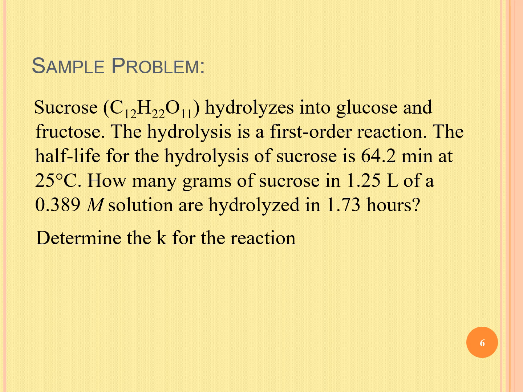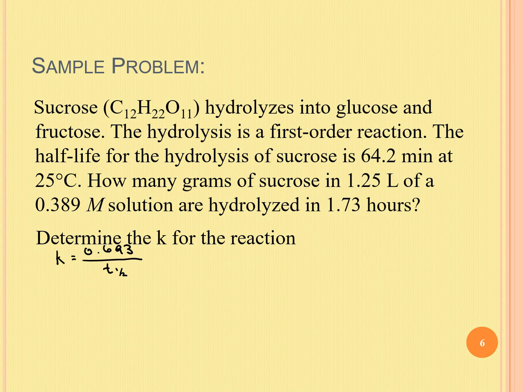All right. Our first step in determining this overall is to figure out the rate constant for this reaction. K is equal to 0.693, or the natural log of 2, divided by our half-life.